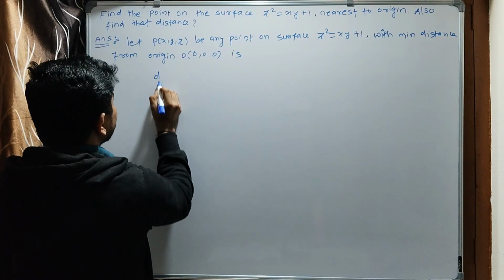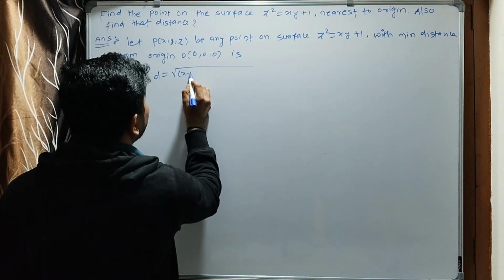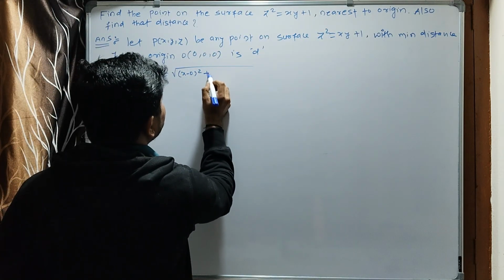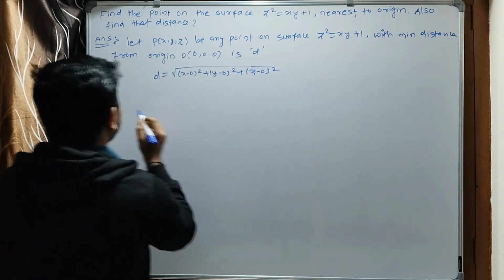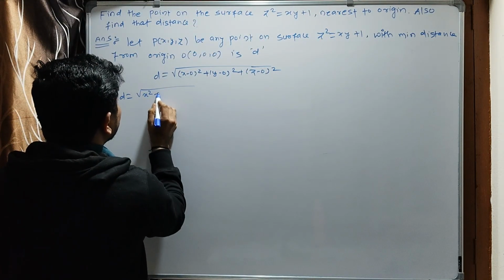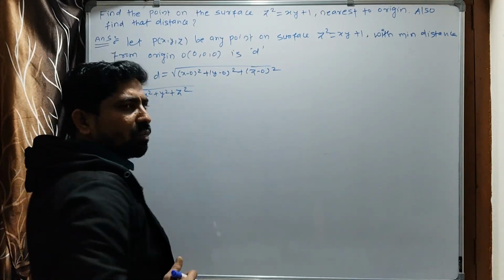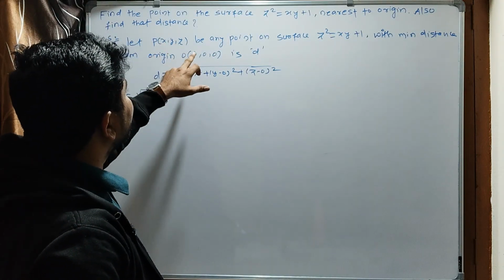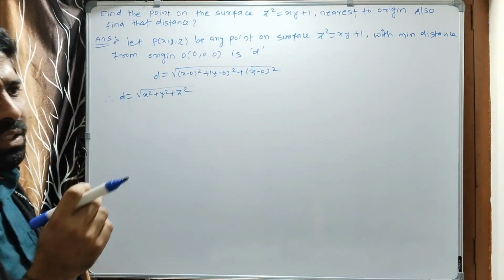Now tell me the distance between the two points: d equals x minus 0 square plus y minus 0 square plus z minus 0 square, under the square root. Therefore d equals the square root of x square plus y square plus z square. This is my objective function. I want to find the coordinates x, y, z such that this distance is minimum. Here I am using the maxima-minima concept.